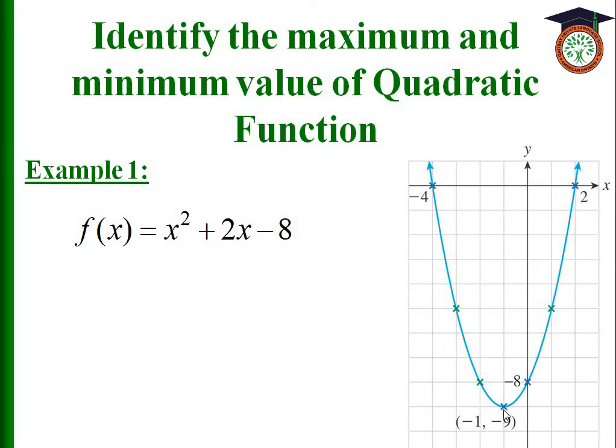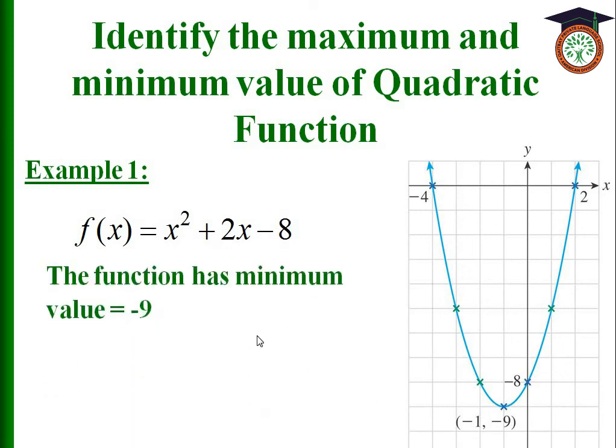And this minimum value equals negative 9. How do you know? You know it from the value of y of the vertex, negative 9. This is the minimum value of the function. So the function has a minimum value equal to negative 9.